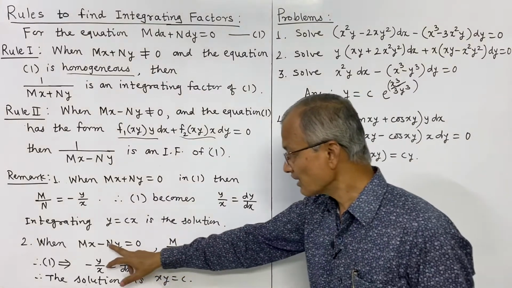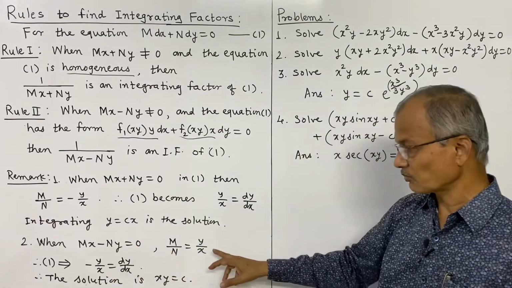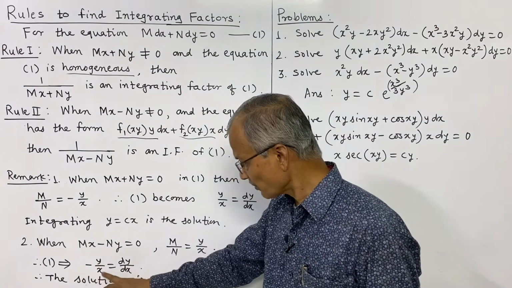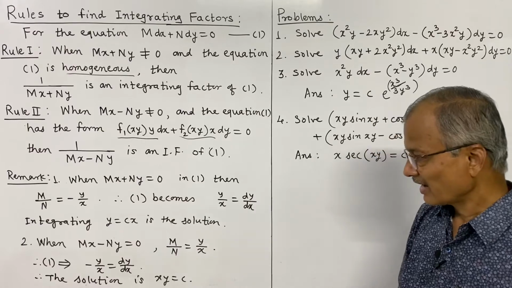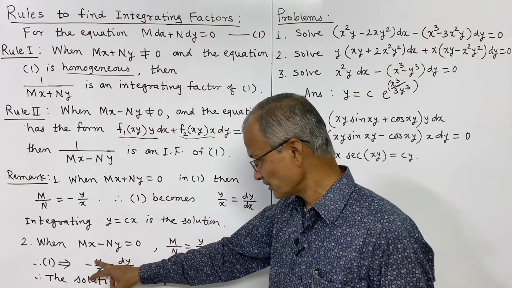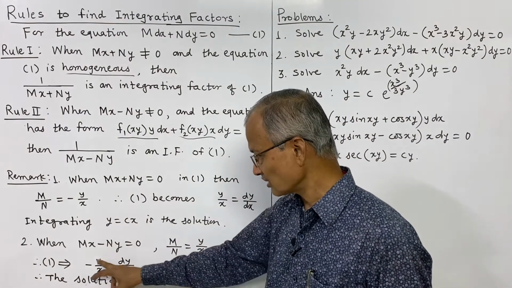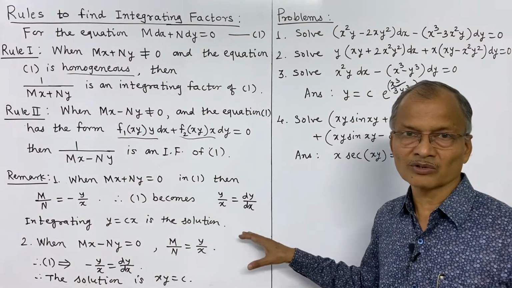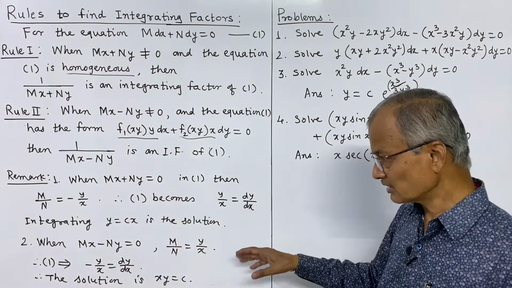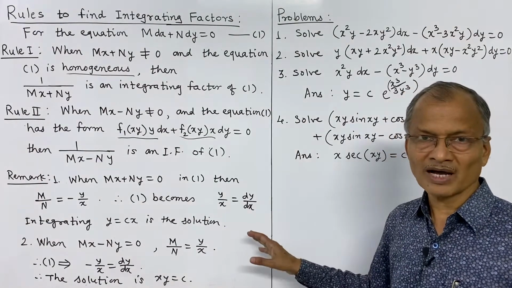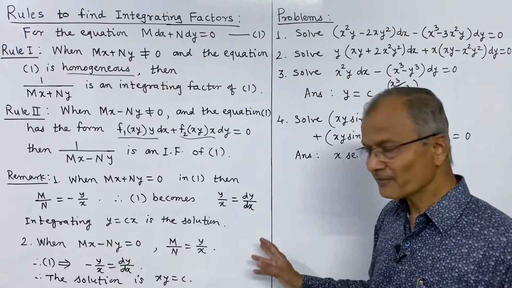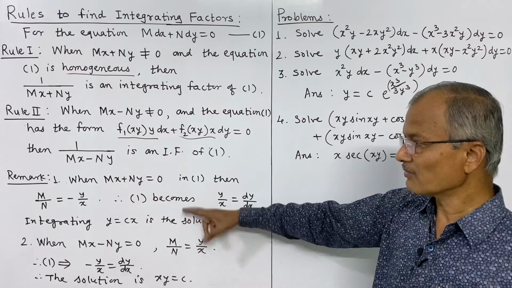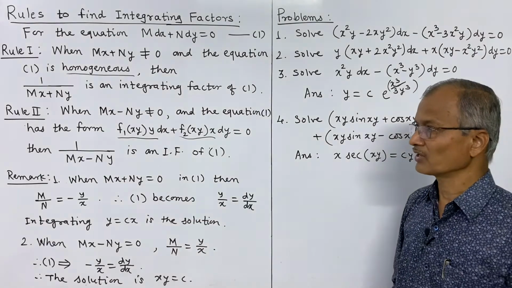In that case, M upon N is equal to positive y upon x, and the equation becomes minus y upon x is equal to dy by dx. Again separating the variables, we get dy by y plus dx by x is equal to 0, whose solution is log of x plus log of y is equal to log c, that is log of xy is equal to log c, or xy is equal to c. You can easily verify these two remarks that we have written.